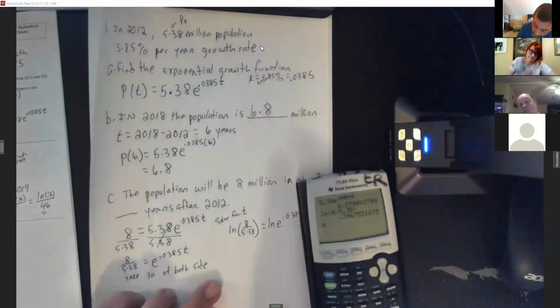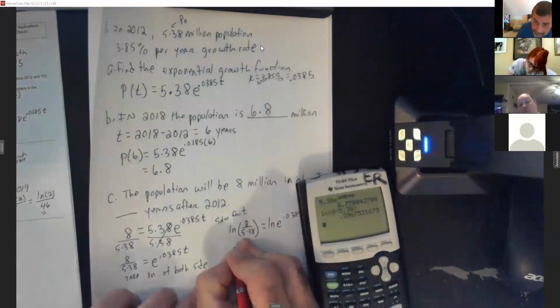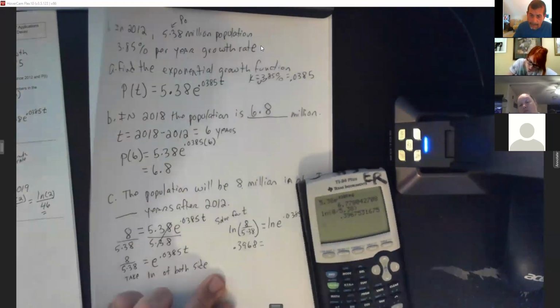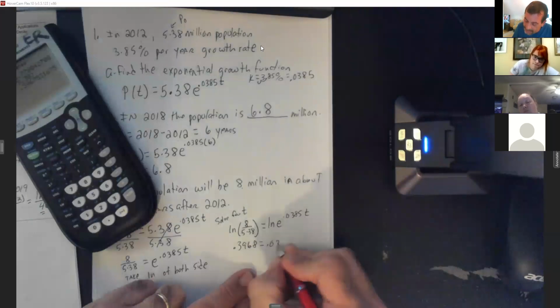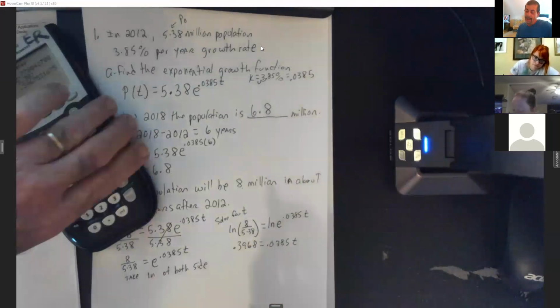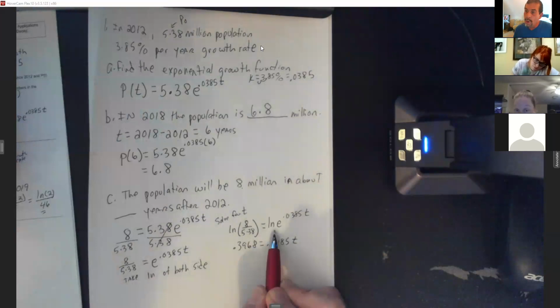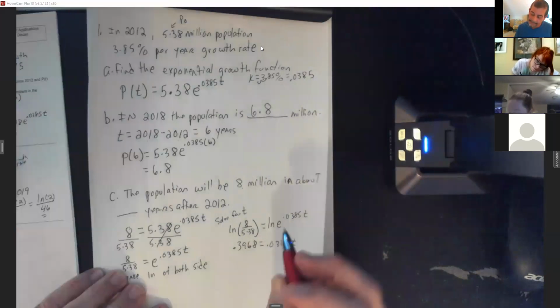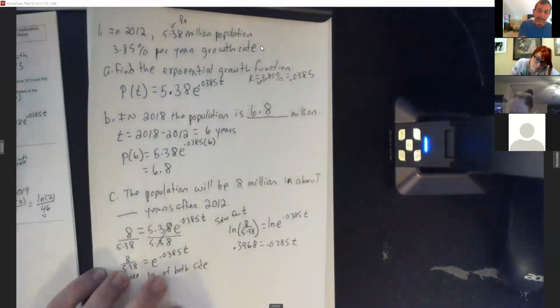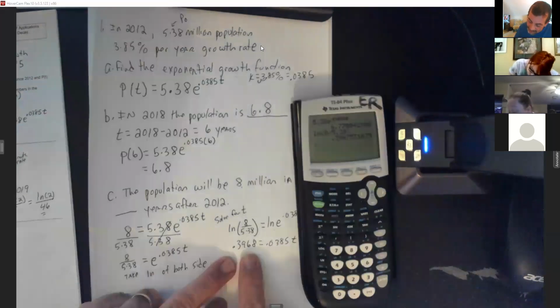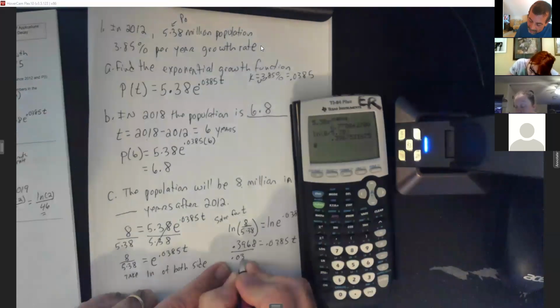So 0.3968 will equal my 0.0385t, because remember, the ln of e part equals 1. All right, y'all, the last step: take that 0.3968 and divide both sides by 0.0385.